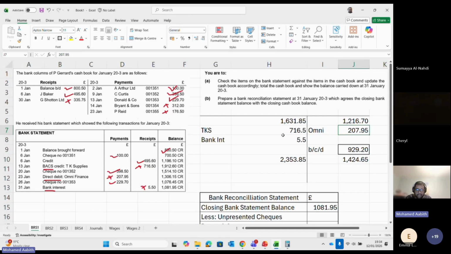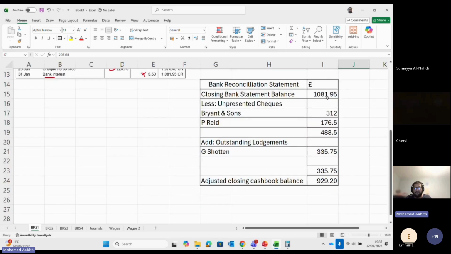We have put that down as well. Now we updated the cash book, and we managed to find a new balance carried down figure, or the balance brought down figure. It does not matter, both of them are the same, because one of them is on the other side and will become a debit later on. So here £929.20. And luckily we have done the bank reconciliation statement, and it ends up giving you the same number as your adjusted closing cash book balance.